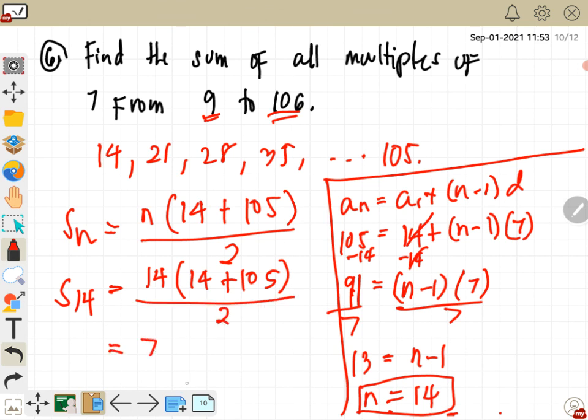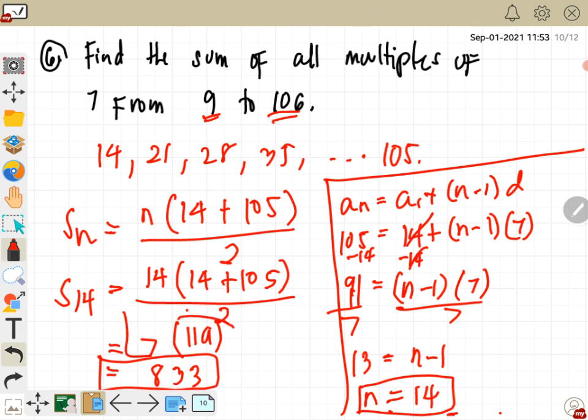That's 7, because 14 divided by 2 is 7. 105 plus 14 is 119. And 9 times 7 is 63, so that is 833, if that's correct.